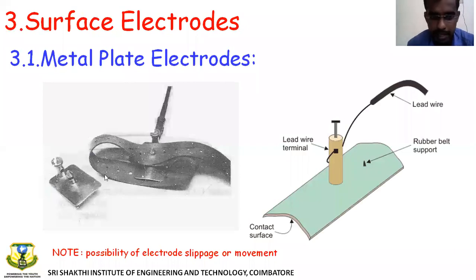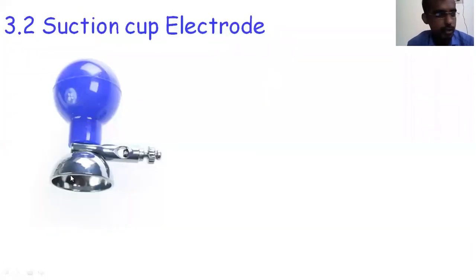To avoid that, we go for suction cup electrodes. Even cell phone holders in your car use suction. They press it and that's how it is locked. It will never come off until you release it. The same principle is used here. You tighten this screw and press this one, and it gets sucked up.